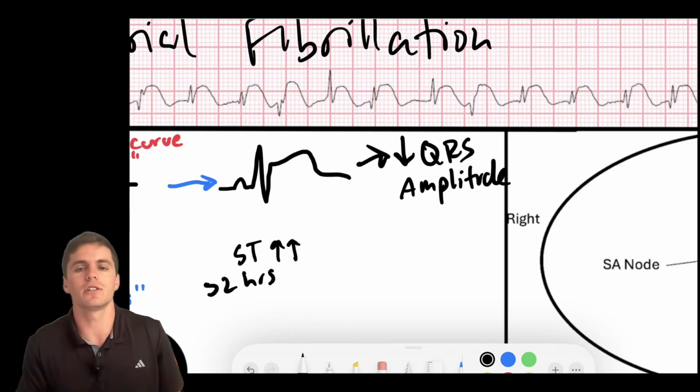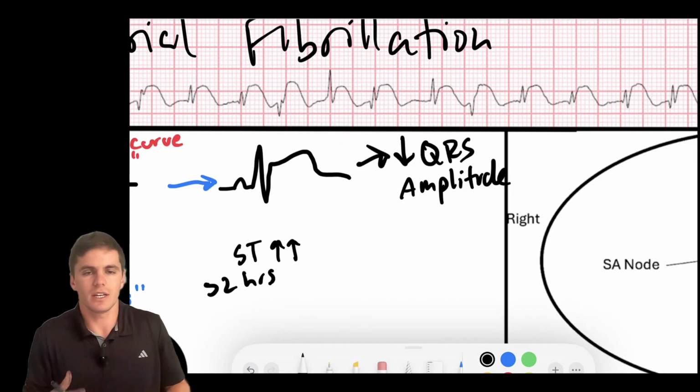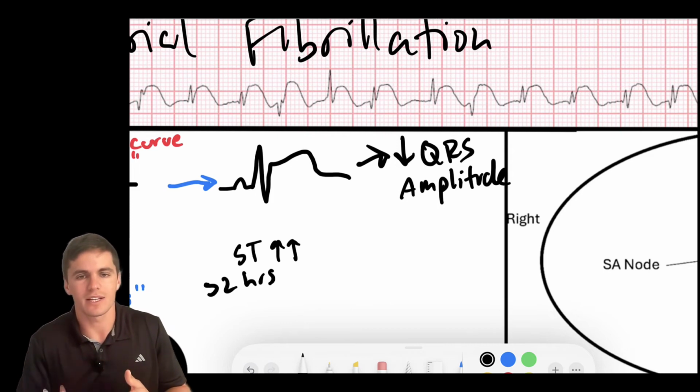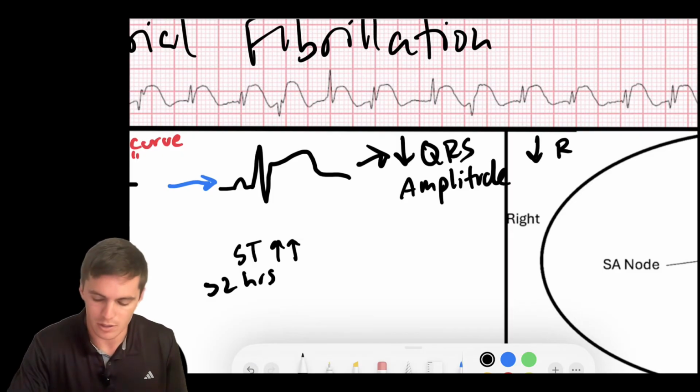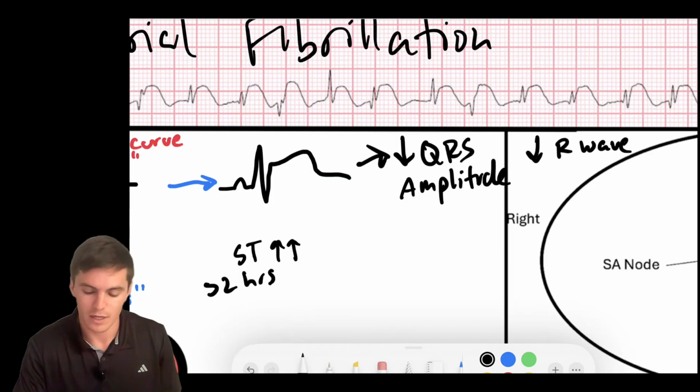So you're going to see a decrease in the QRS amplitude because if the cells are dead or dying, they're not going to be able to conduct that signal as well. And so the positive amplitude is not going to be as great. So you're going to have a decrease in the QRS amplitude or a decrease in the R wave, right? And there's positive forces, right?